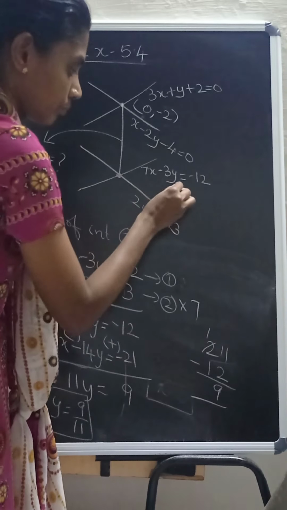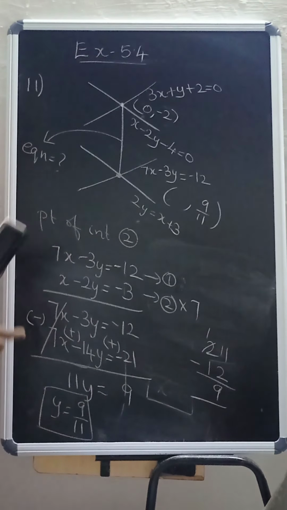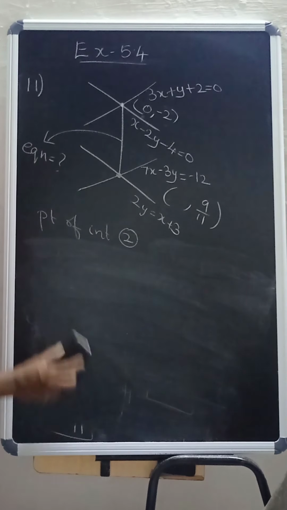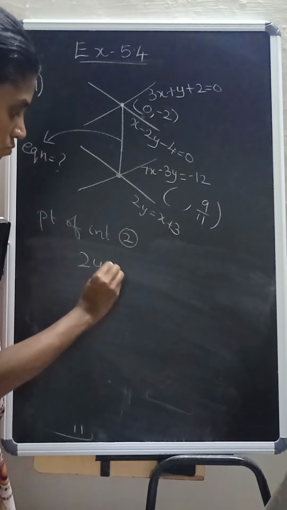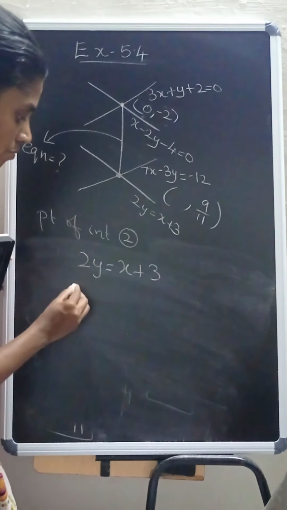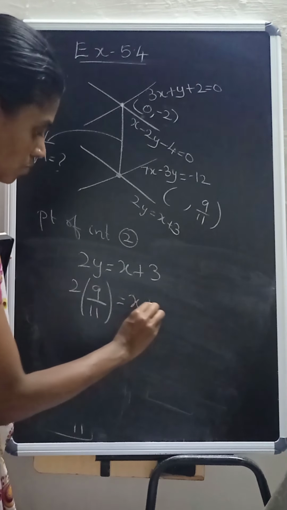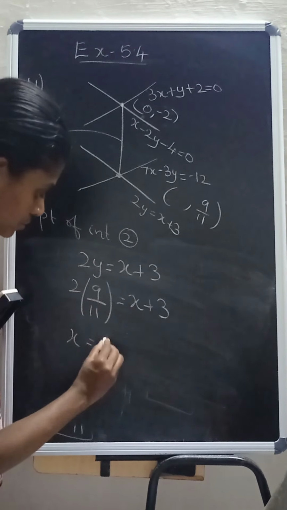You have got y is equal to 9 by 11. Now substitute that in this equation.